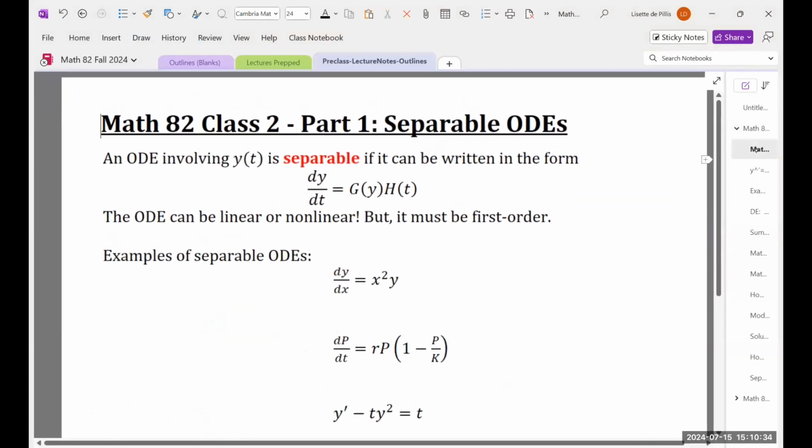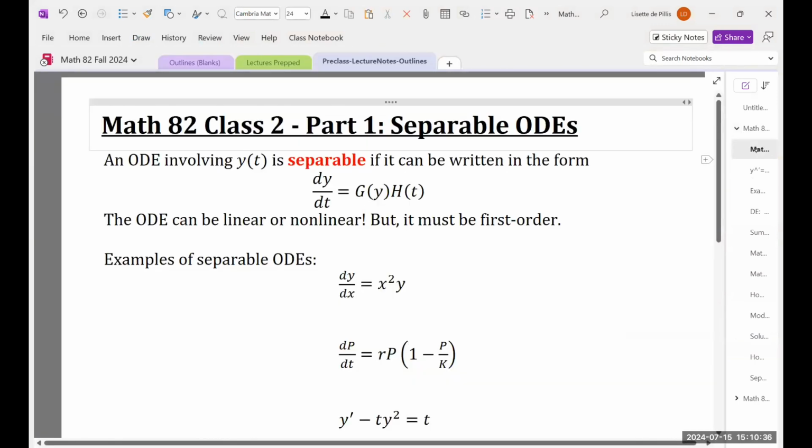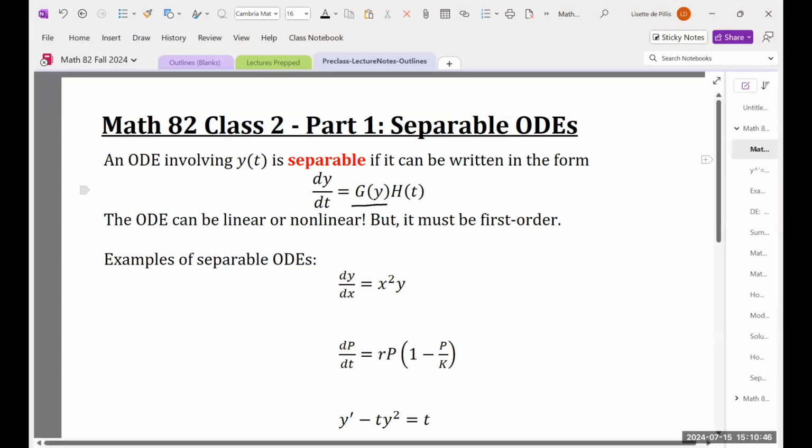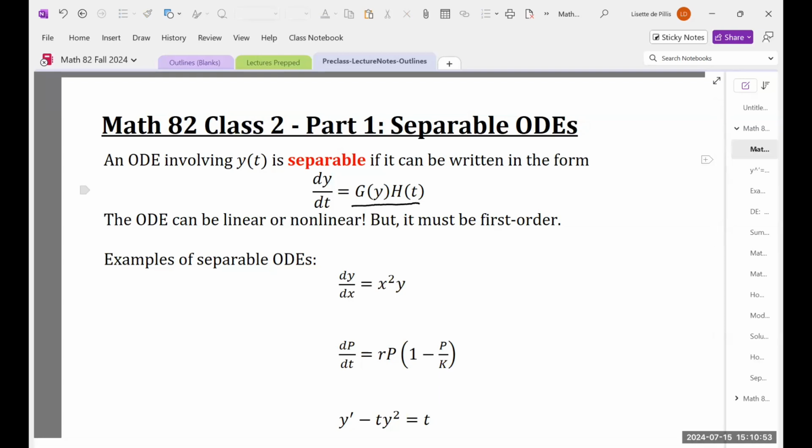Let's first define what it means to be a separable differential equation. A separable differential equation is a first order equation. So it's important that it's first order, that can be written as a product, not a sum, of two functions, one that's purely a function of the independent variable t and one that's a function of the dependent variable y.